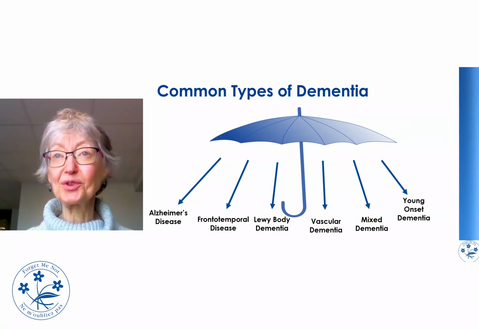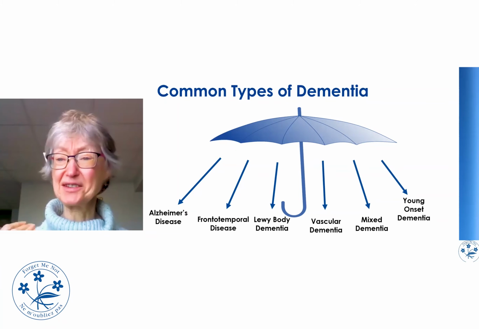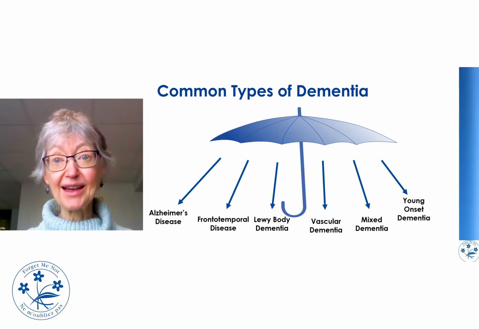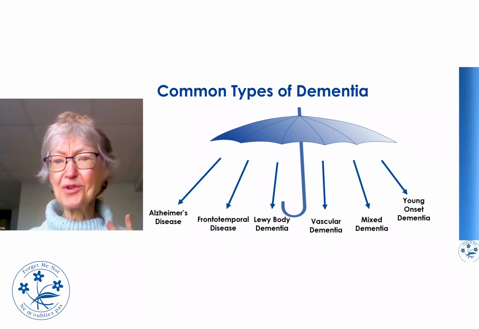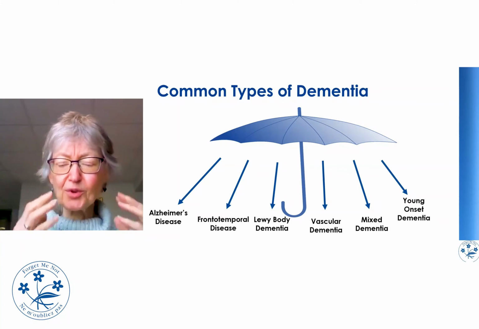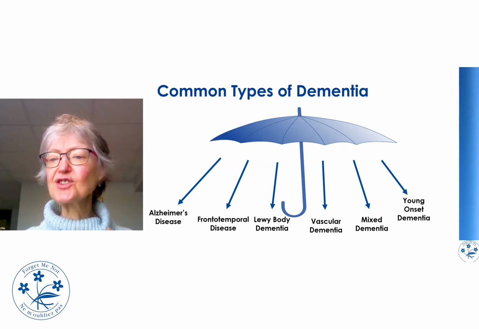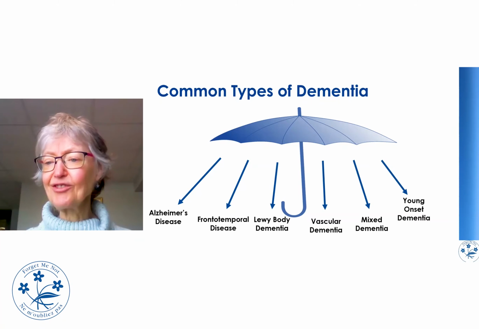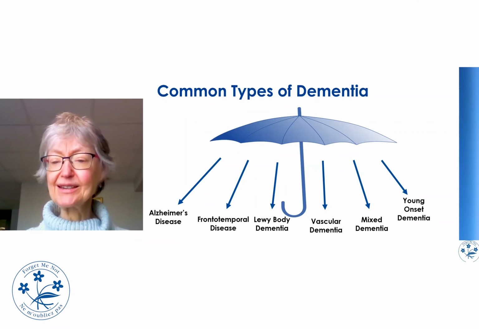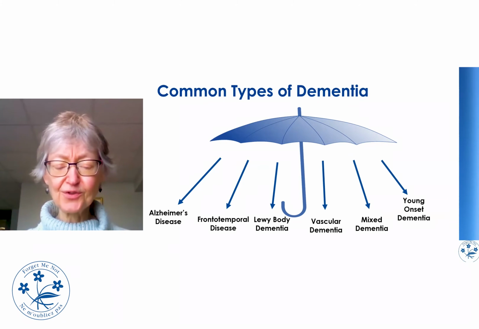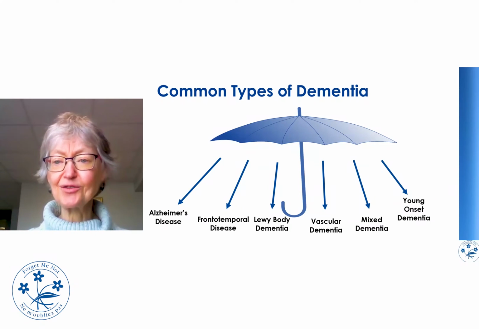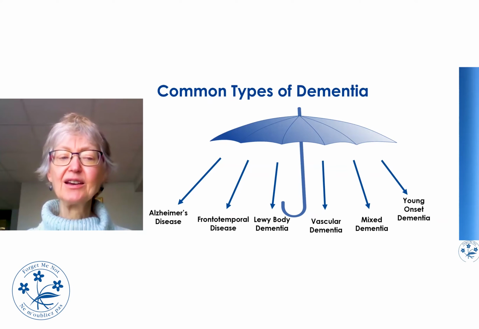You might have atypical depression. You might just be constipated. You might have really bad nutrition. You might be low on your B vitamins. You might have a brain tumor. You might have Lyme disease. There's this long list of other things that can make people look super confused. So if you are concerned about anybody, please get them checked out in case it's reversible.